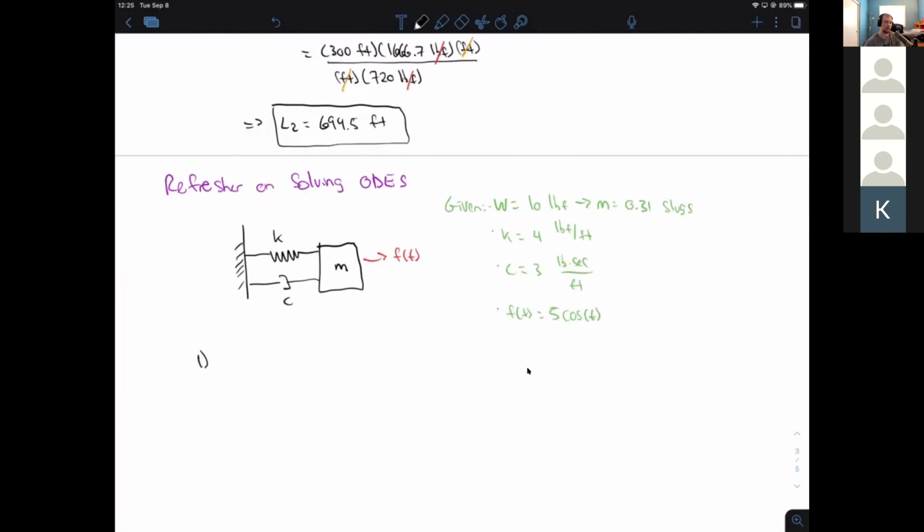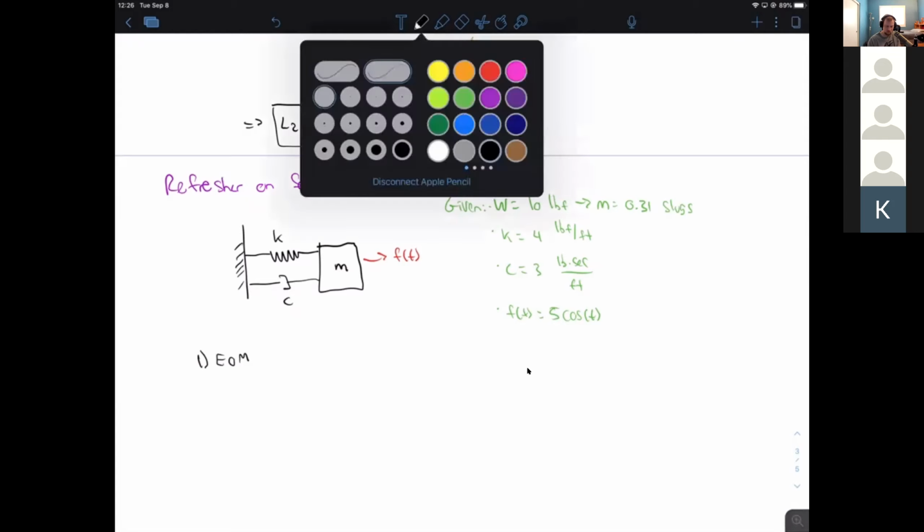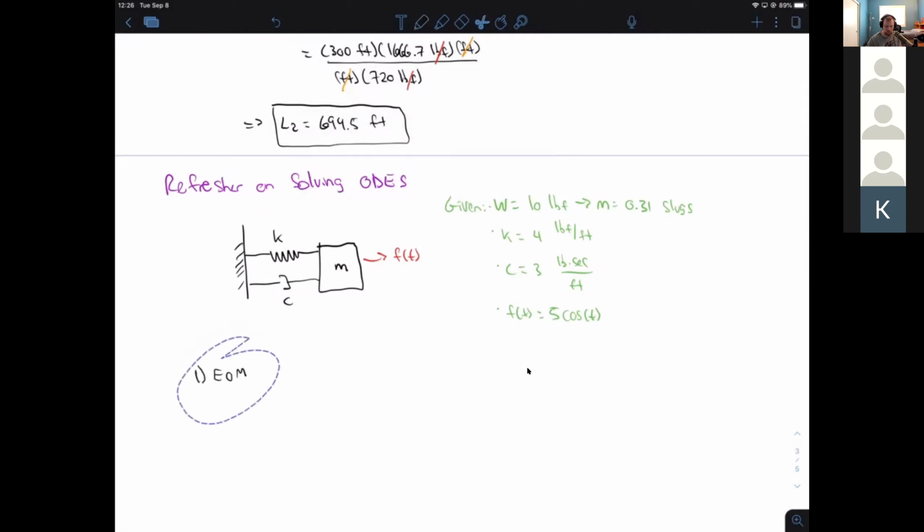Now we're going to write out the equation of motion here. If we look at our FBD, remember we want the sum of the forces equals mass times acceleration. So we have m x double dot equals minus c x dot minus k x plus f of t. Let's quickly draw a better FBD.